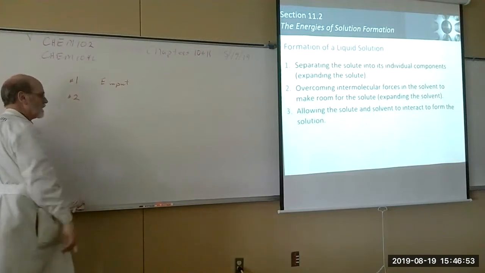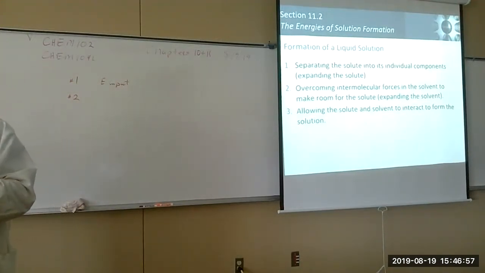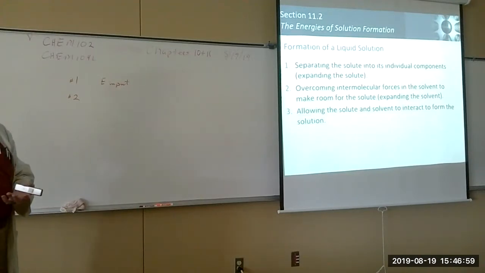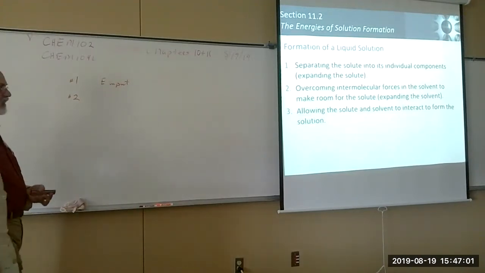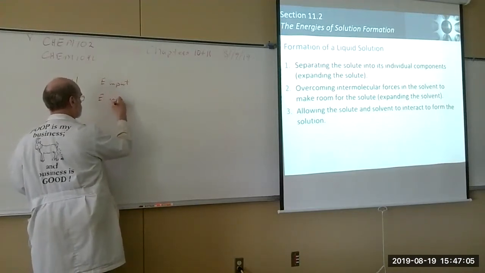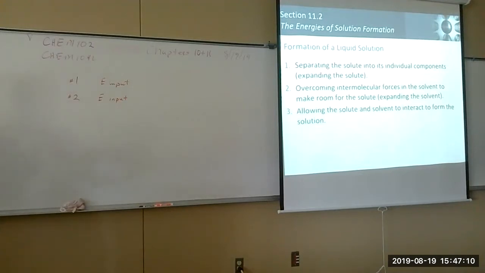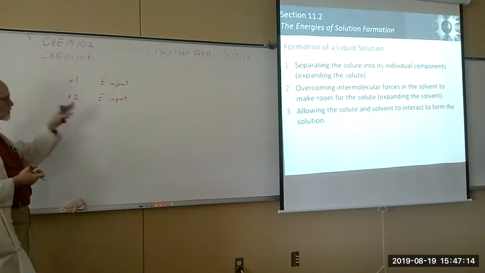Step 2, you need to make a space in the solvent for those solute molecules. Right? That's called expanding the solvent. In that case, you need energy input because you're breaking bonds to separate, making holes in your solvent. So their energy goes in.